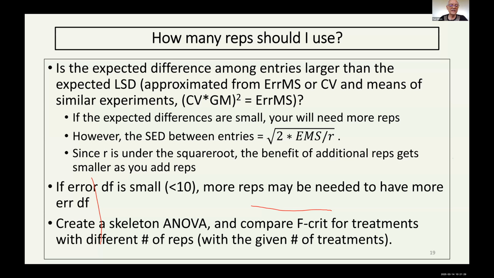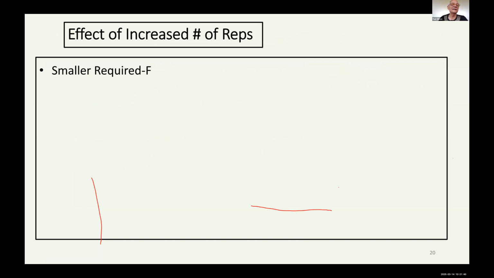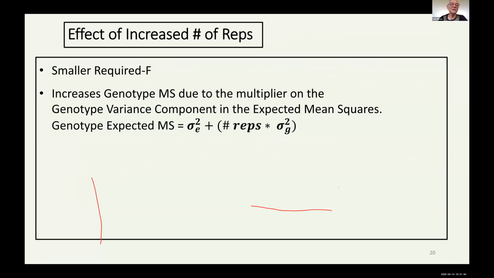To see what's best, create a skeleton ANOVA and compare F critical for treatments with different numbers of reps. And what does that do for you? It gives you a smaller required F. It increases genotype mean square due to the multiplier on genotype variance component in the expected mean squares.